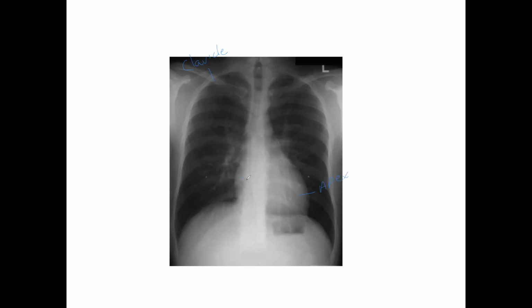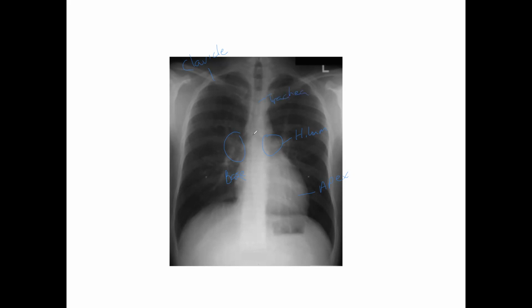This back here would be more of your base of your heart. Where the airways enter into the lung and your blood vessels, that is your hilum or hilar region. You should be able to pick out the trachea. The trachea is this item right here.